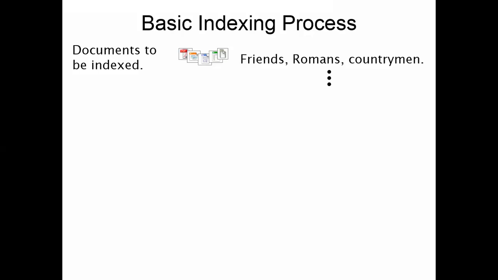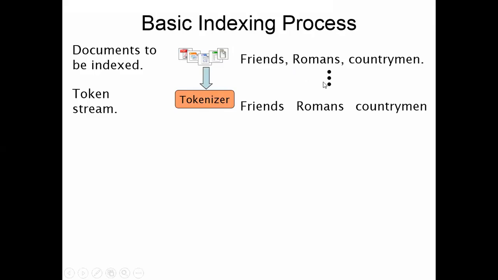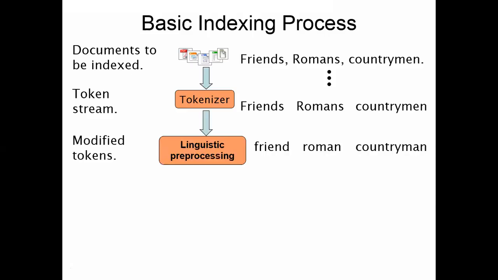When we are looking at the basic indexing process, given a document with some write-up, we first have to tokenize and identify the token words, token terms, or a bag of words. Then we have to convert them into index terms. To convert them into index terms, we have to apply linguistic pre-processing or text pre-processing: stop word detection, normalization, and stemming.